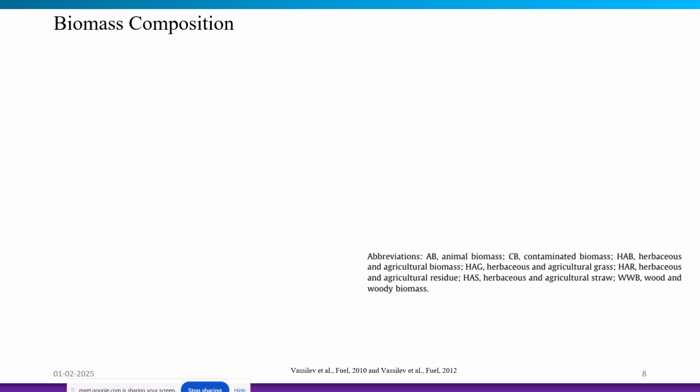One example I took from the literature. Now, I would like to show how the proximate, ultimate, and minor elemental analysis has been done and how it varies with the different biomass sources.